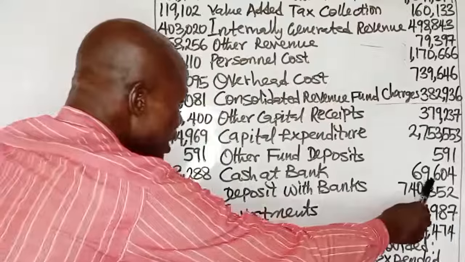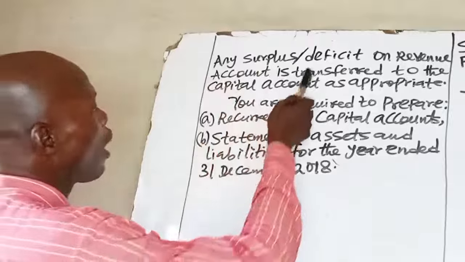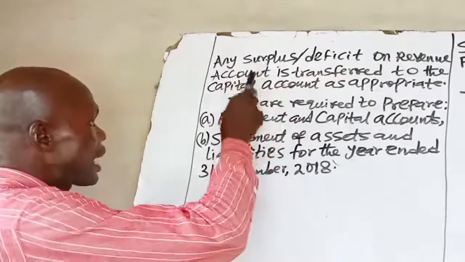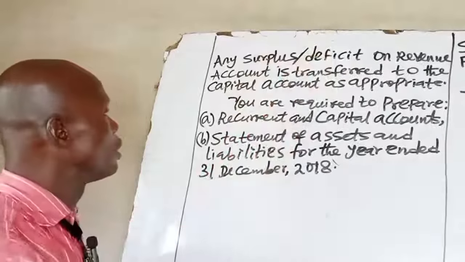Additional information provided. The following amounts expended on unfunded internal debt servicing have been included in the consolidated revenue charges. 2017, 36,970. 2018, 45,364. Any surplus or deficit on revenue account is transferred to the capital account as appropriate.